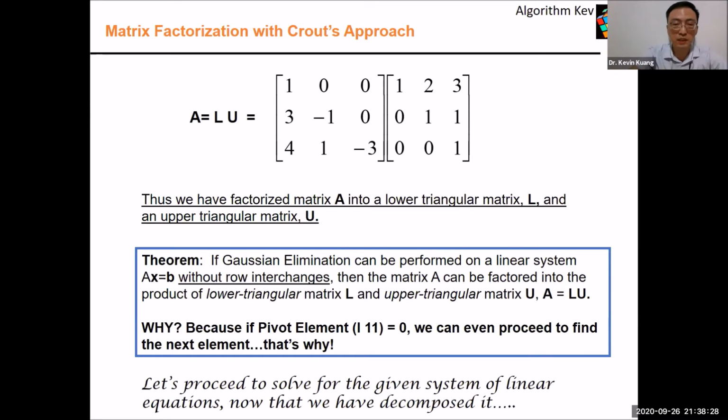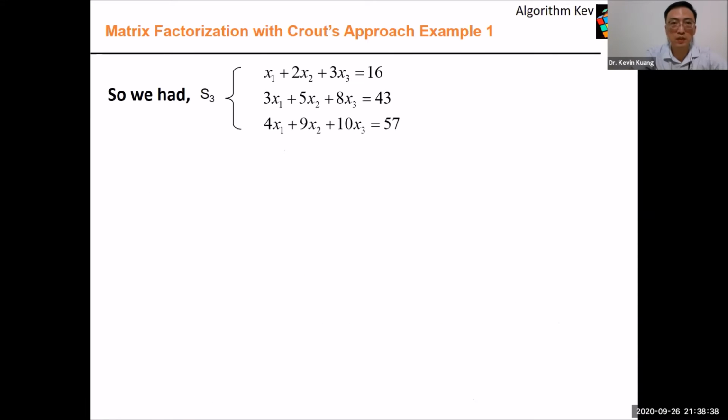So let's proceed to solve the given system of linear equations using the LU decomposition method based on Crout's approach. This is the same system of equations as we saw just now.